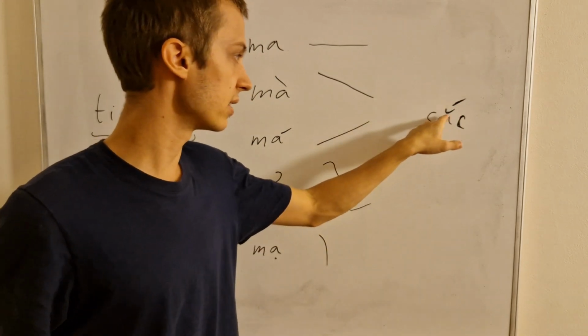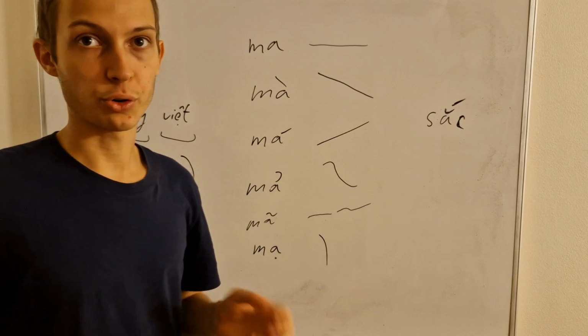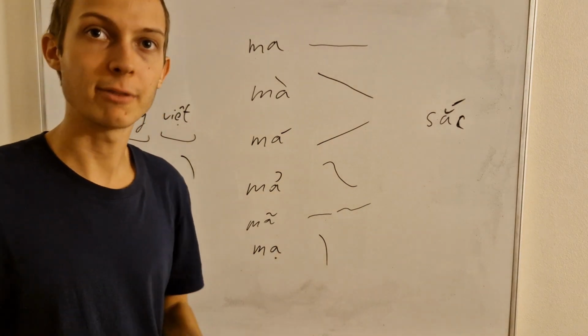For example, this A with this half circle makes the A sound shorter, but that doesn't affect the tone directly.